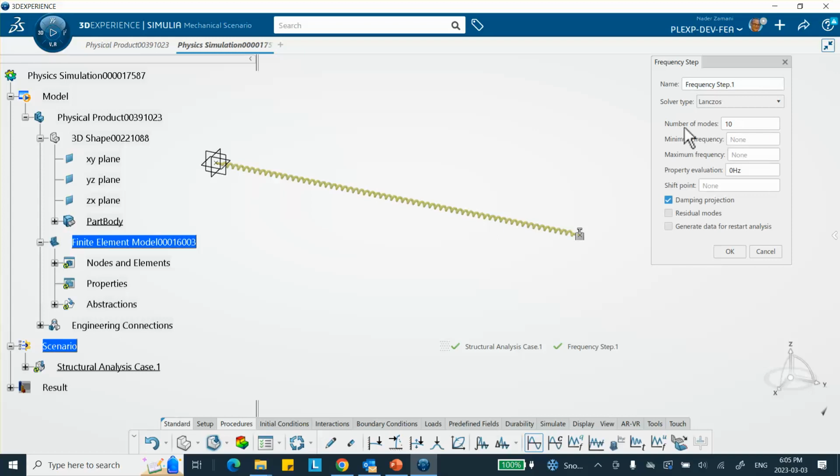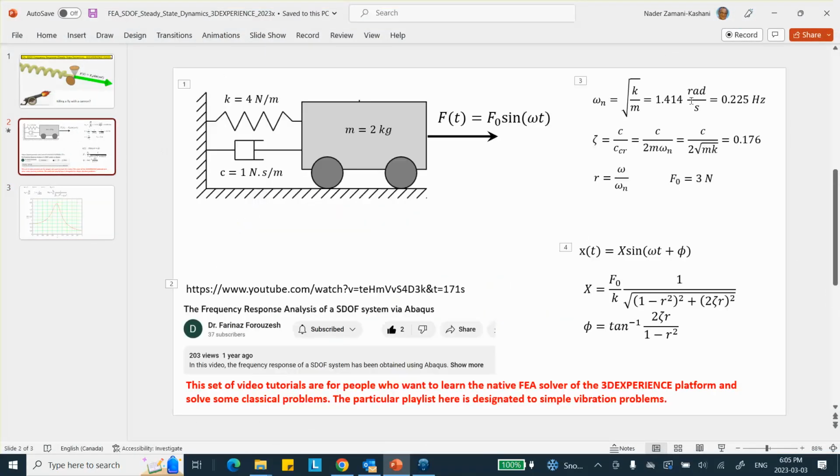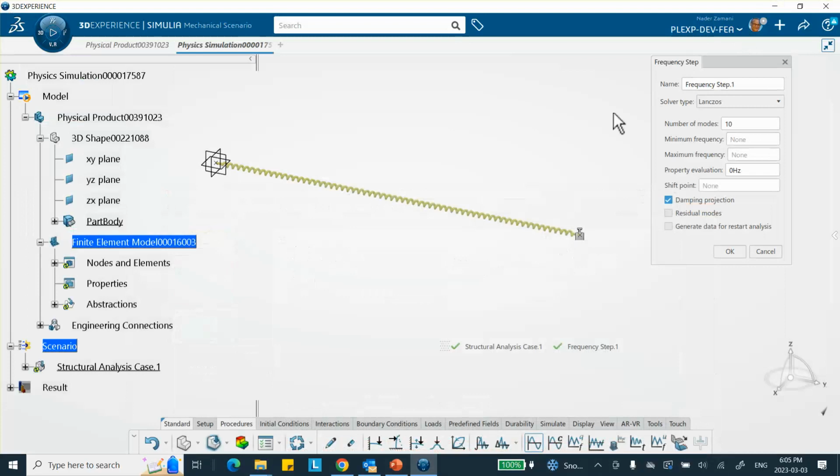I'm going to ask for the default 10 frequencies to be extracted, but this is a single degree of freedom system. Therefore, there's only one frequency basically. But I'll just leave the default here. Whatever it will find, obviously the only one that's of interest to us is the natural frequency, which is 0.225 hertz right there. This is the only one that's relevant to us.